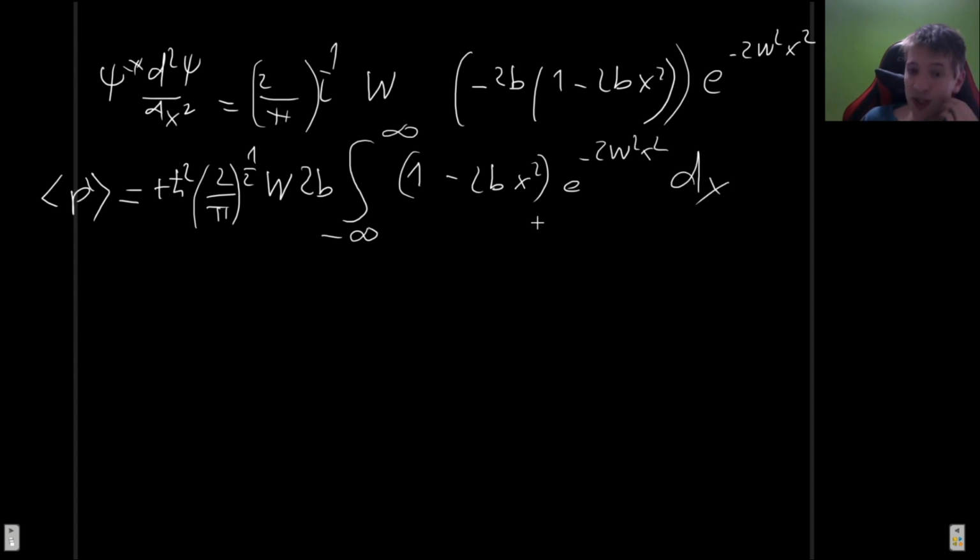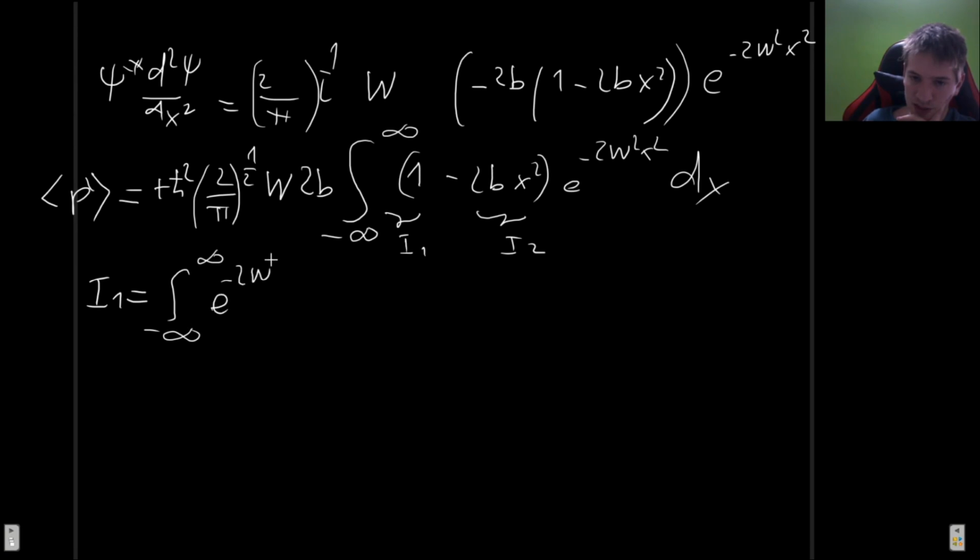Okay, so here we have two integrals. Let's call this I1, I2. The first integral is going to be the integral from minus infinity to infinity of e to the minus 2 w squared x squared dx. This is just a Gaussian integral, as we have seen many times.